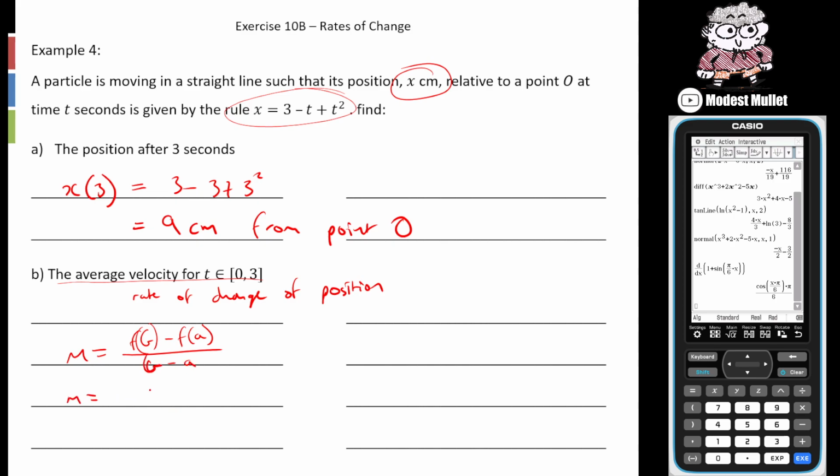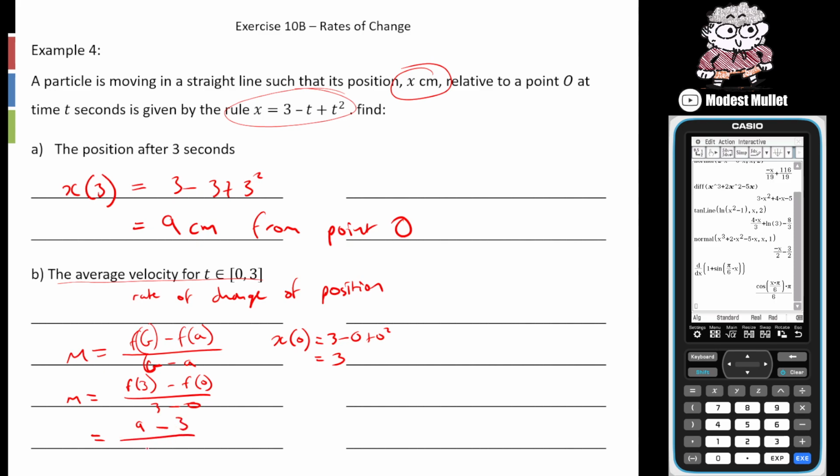So that is going to be equal to f of 3 take away f of 0 on 3 take away 0, which we know f of 3, our position after 3 seconds, is 9. Take away our position, we need x of 0, which is 3 take away 0 plus 0 squared, which is equal to 3.